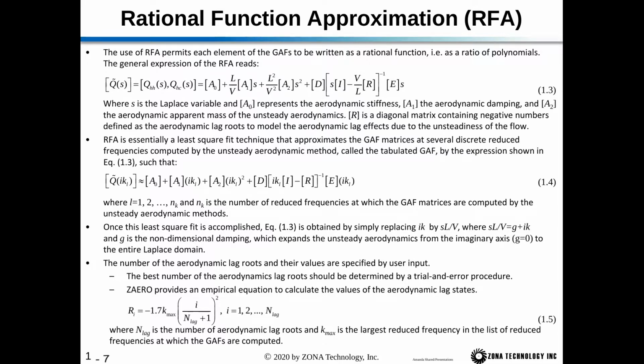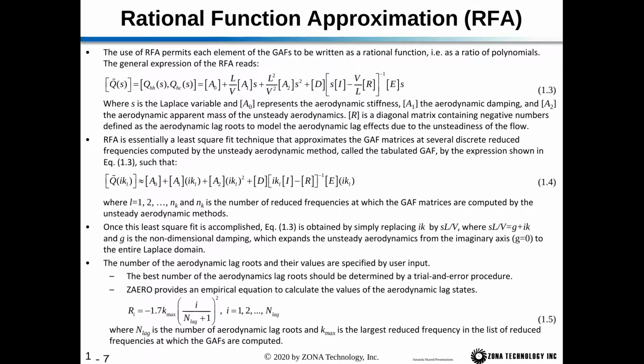Now note that both the number of lag roots and the values of those specific lag roots are specified by user input, which could potentially be a very large number of inputs. However, ZAERO provides an empirical equation to calculate the values of the aerodynamic lag states by default.